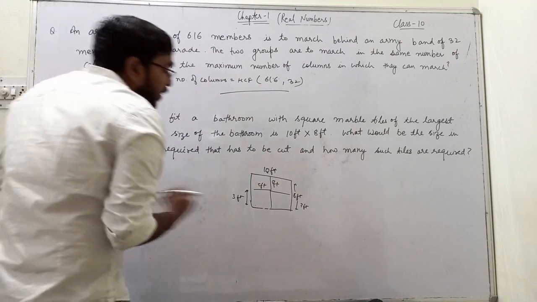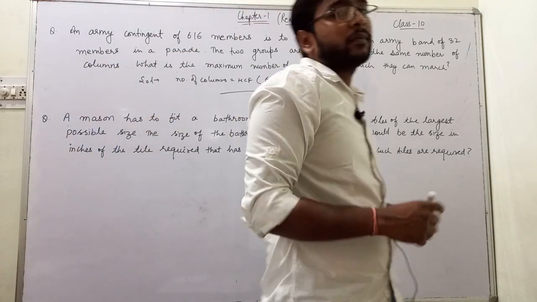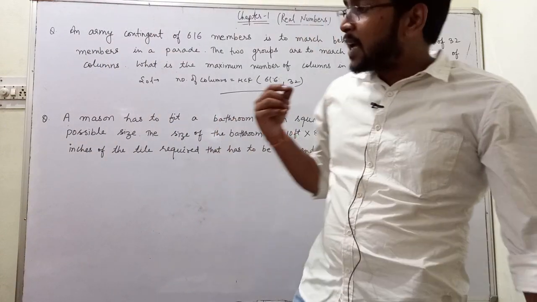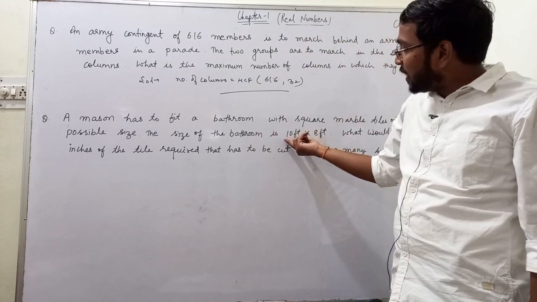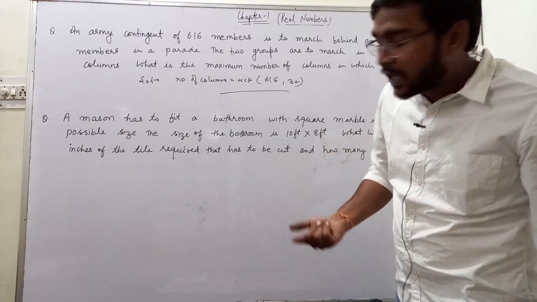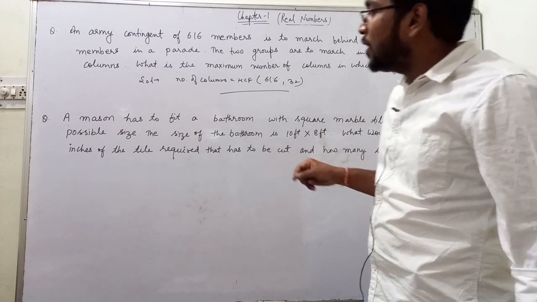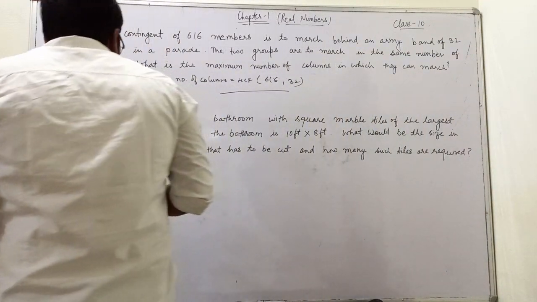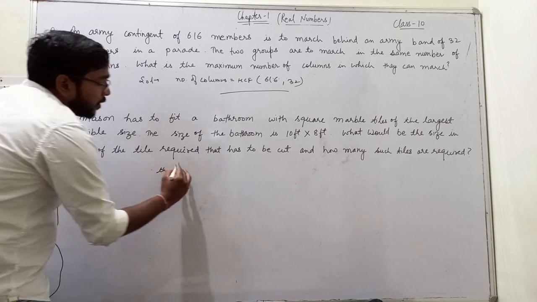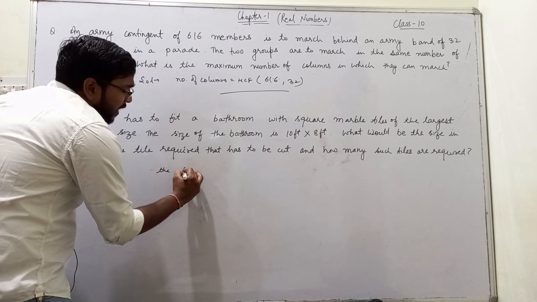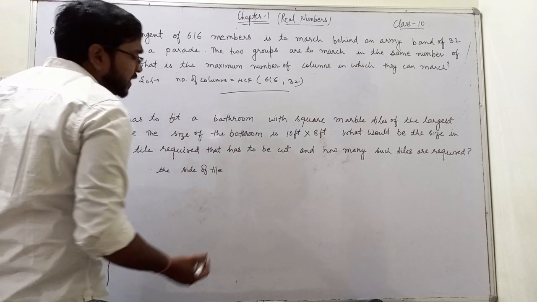For that, what should be the size of the maximum tile that he can put? Okay, so again, the length of the tile should divide the length of the bathroom, and the breadth of the tile should divide the breadth of the bathroom. Okay, so the side of tile, because it is a square tile, so length and breadth will be same.